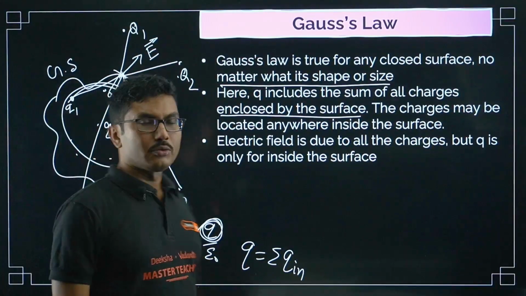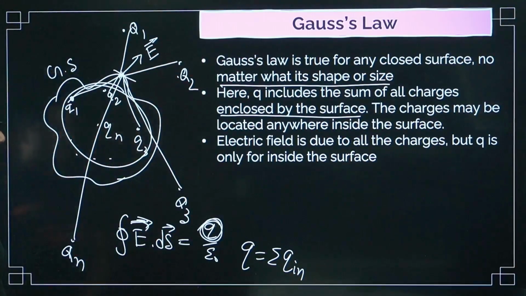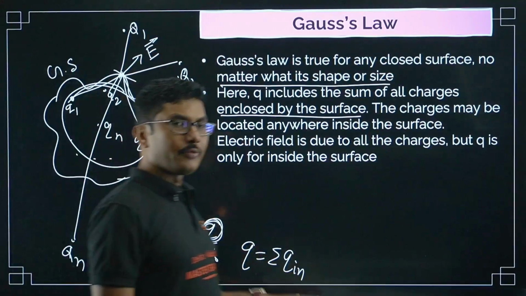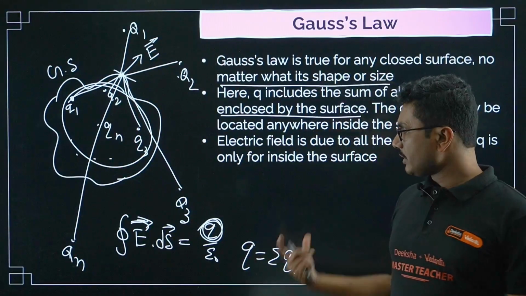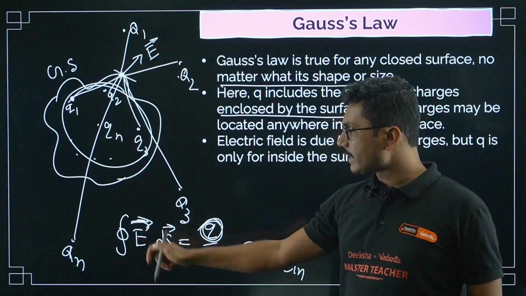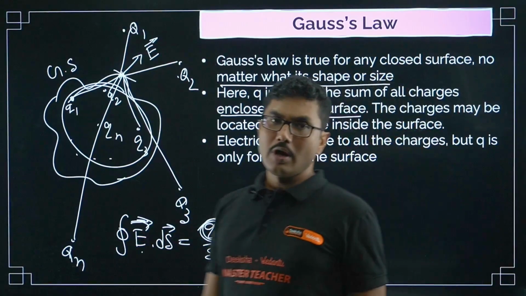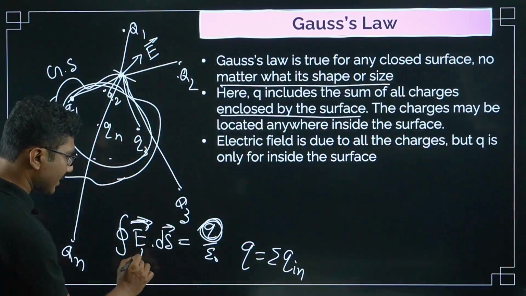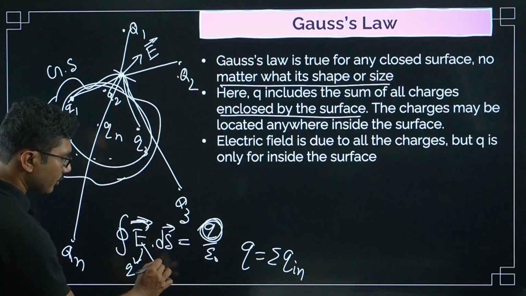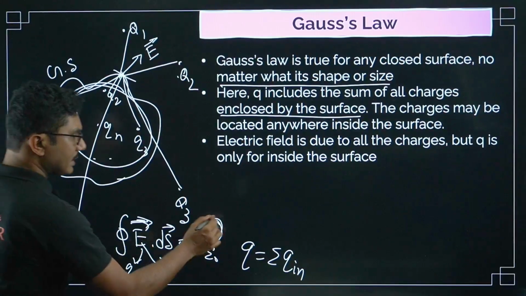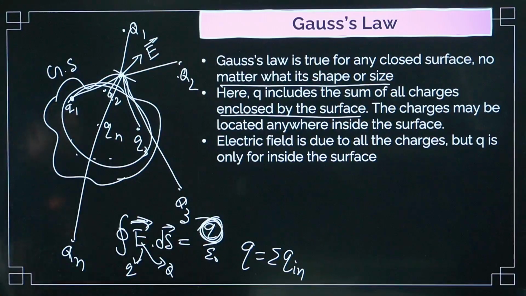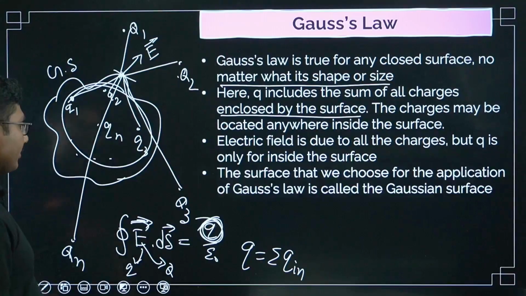It does not include the charges which are outside. So this is always true, where this electric field can be due to small q as well as capital Q, but this charge is only small q. So be careful about this as well.